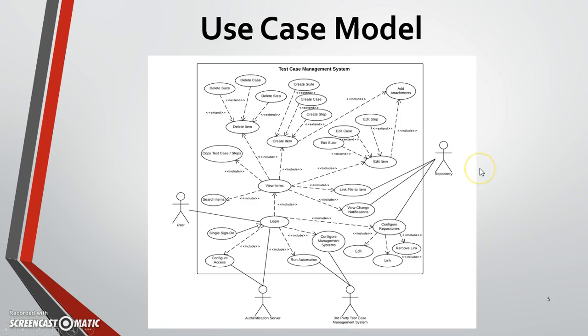And you have the repository, which is the area used to link file to item, view change notification, configure repositories, etc. So here you have the lead, create steps, and basically the basic functionalities of creating test cases, and that type of thing. So here will be more towards my end of things, which will be the automation and the metrics aspect from the third-party test case management system.